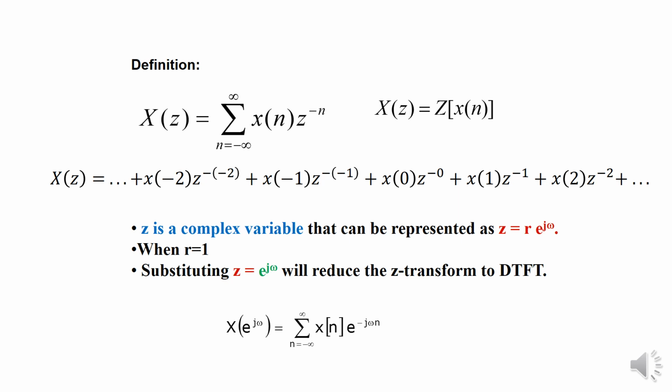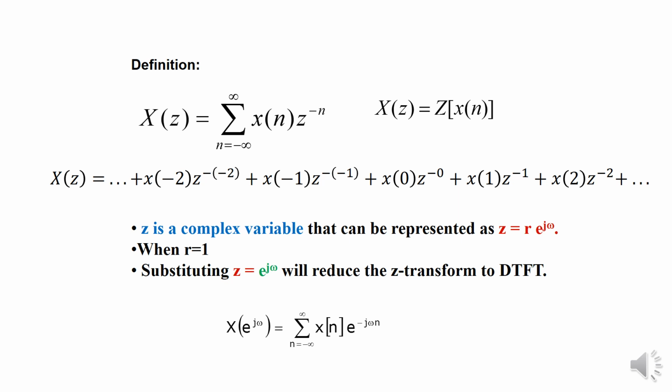As an example, I have shown here x[-2] z to the power minus 2 when n is equal to minus 2, plus x[-1] z to the power minus 1 when n is equal to minus 1, plus x[0] z to the power minus 0, plus x[1] z to the power minus 1 when n is equal to 1, plus x[2] z to the power minus 2, plus likewise this will go up to plus infinity, right?